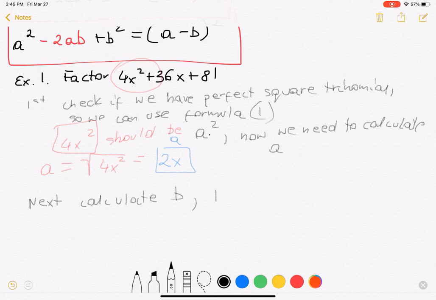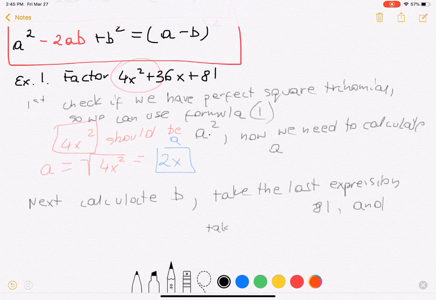Take the last expression, which in our case is 81, and do the same thing: take the square root of 81 to calculate b.